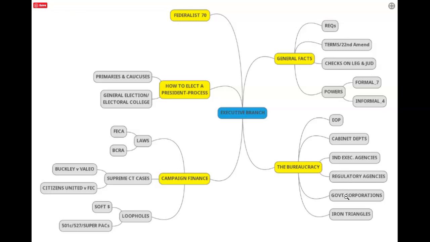We then wrapped up the bureaucracy by taking a look at the Iron Triangle, which was a relationship between bureaucracies, congressional committees, and interest groups. And because their relationships are so strong, we basically call it an iron triangle because it's very hard to break up.